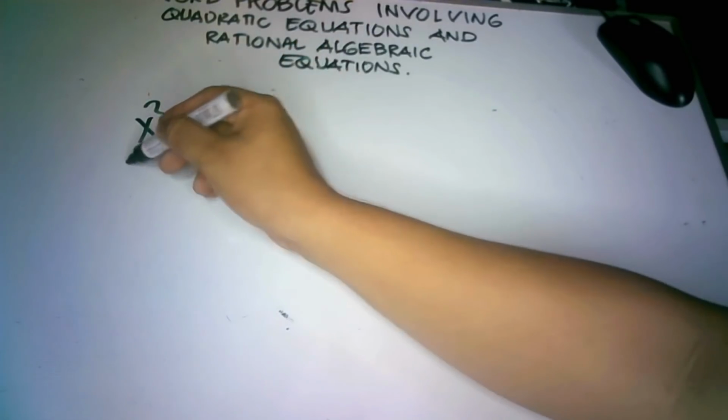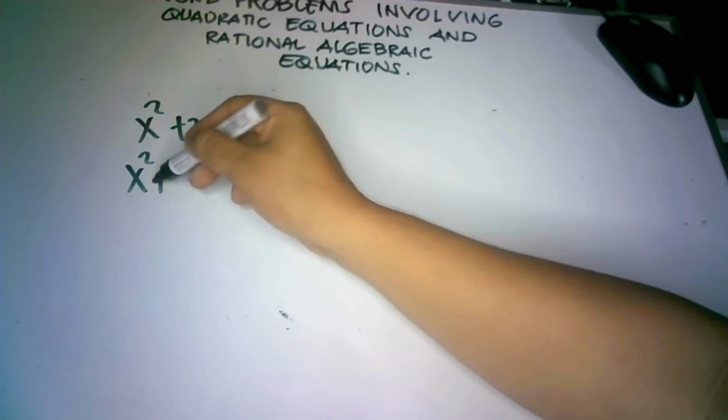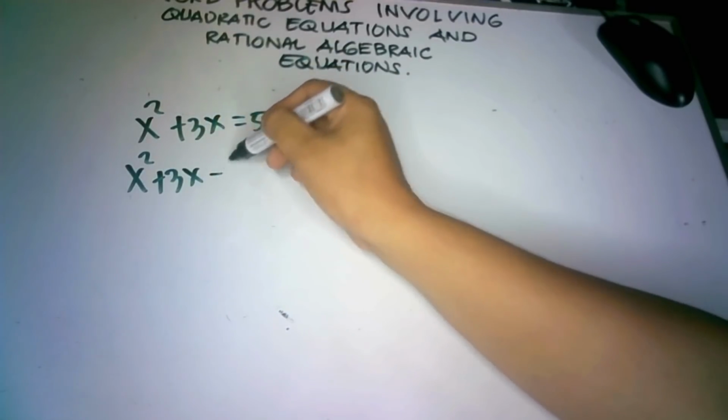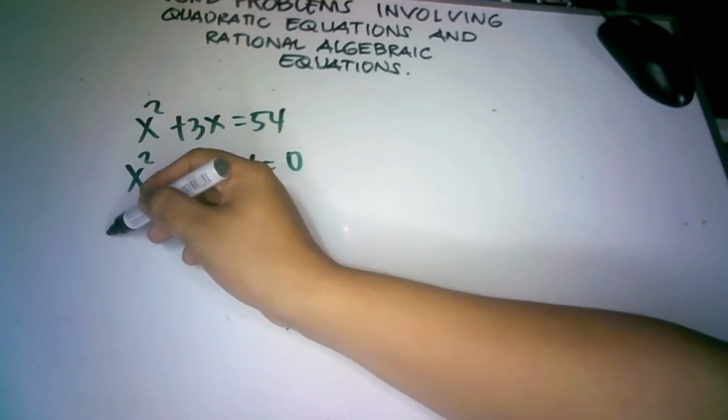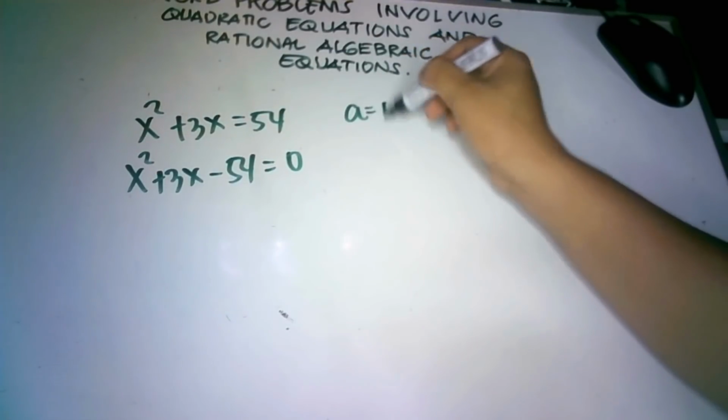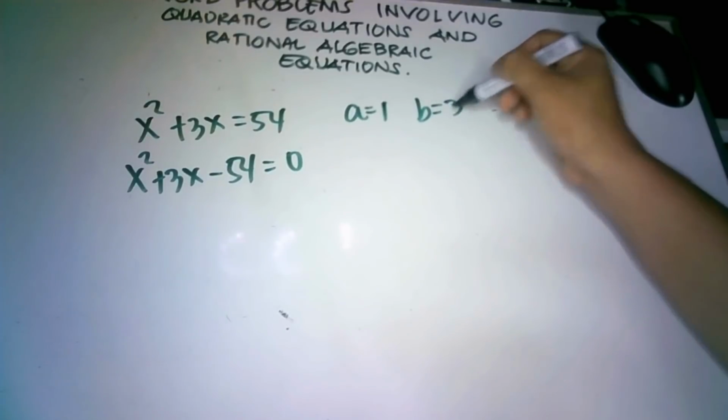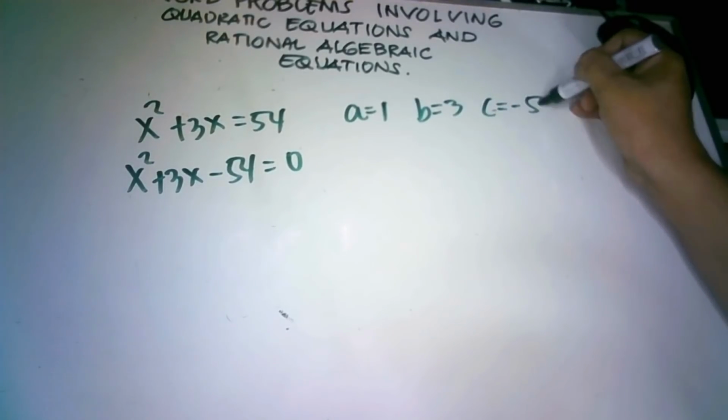So the standard form is x squared plus 3x minus 54 equals 0. Therefore, a is 1, b is 3, and c is equal to negative 54.